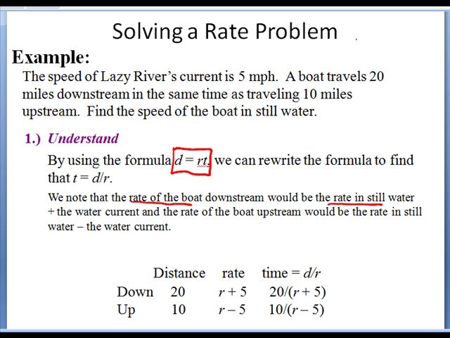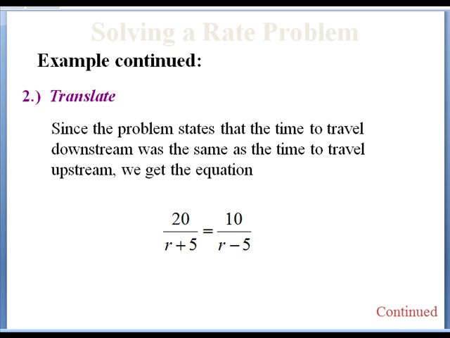That's how we organize all the information into a very nice table for us to find the equation to solve for r. Now we know they're giving us that the time traveling upstream was the same as the time traveling downstream. So that means we set the two times, up and down, equal to each other. Now we can solve for r.